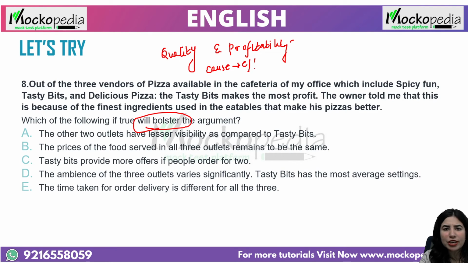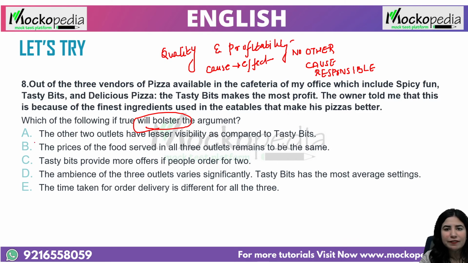So if we have to strengthen such argument, we are going to say that, see, there is no other cause responsible, right? So no other cause responsible. So let's take a look at the options.